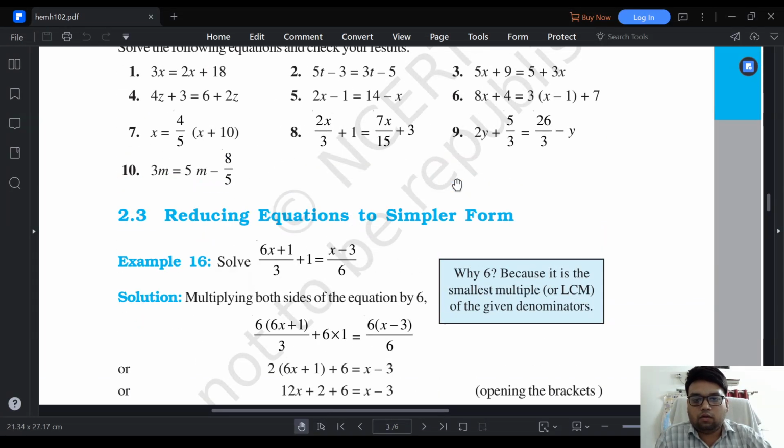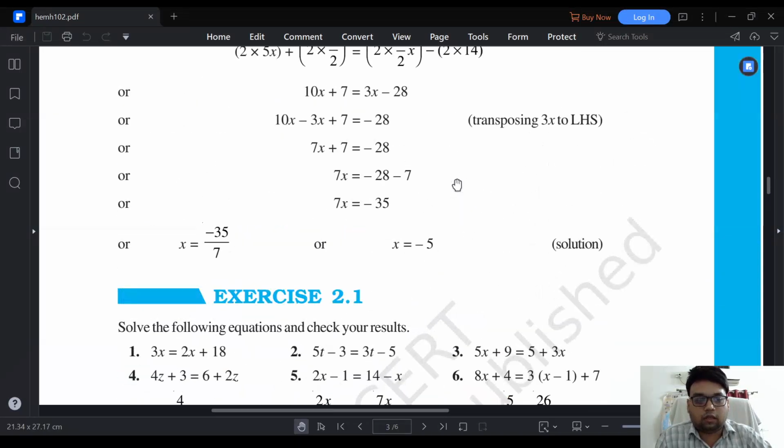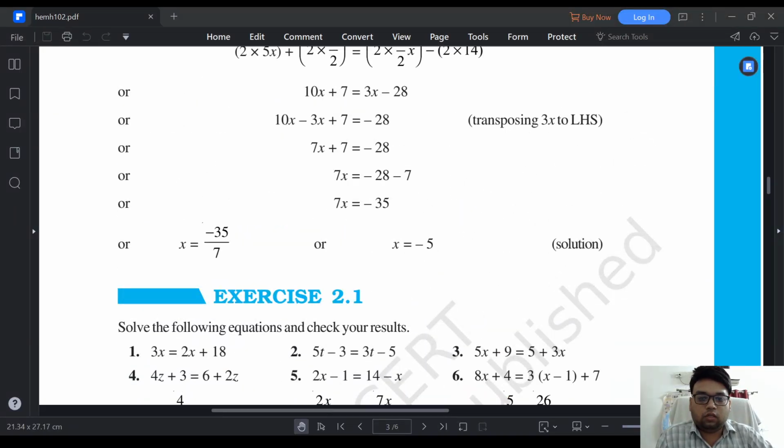I will try to teach you in the next lecture. This is your chapter number 2, a very simple chapter, and it is completed from my side.